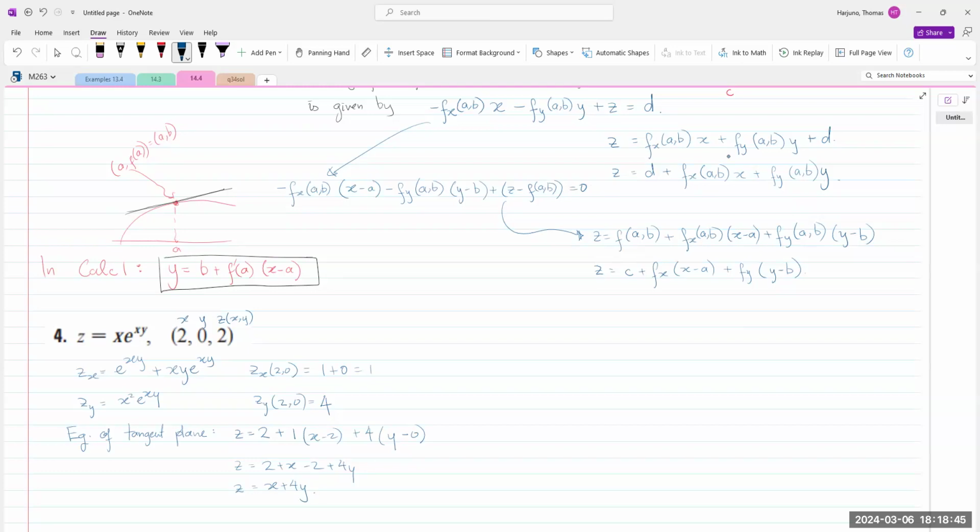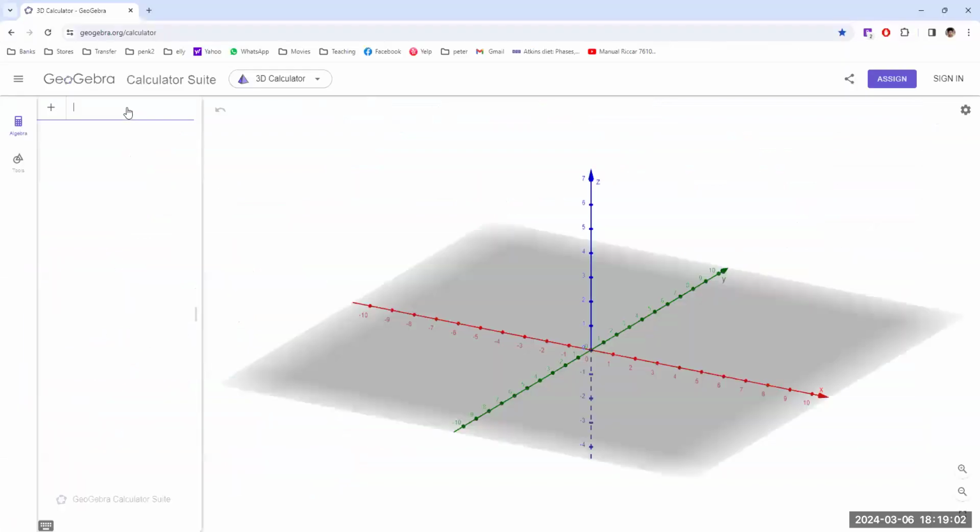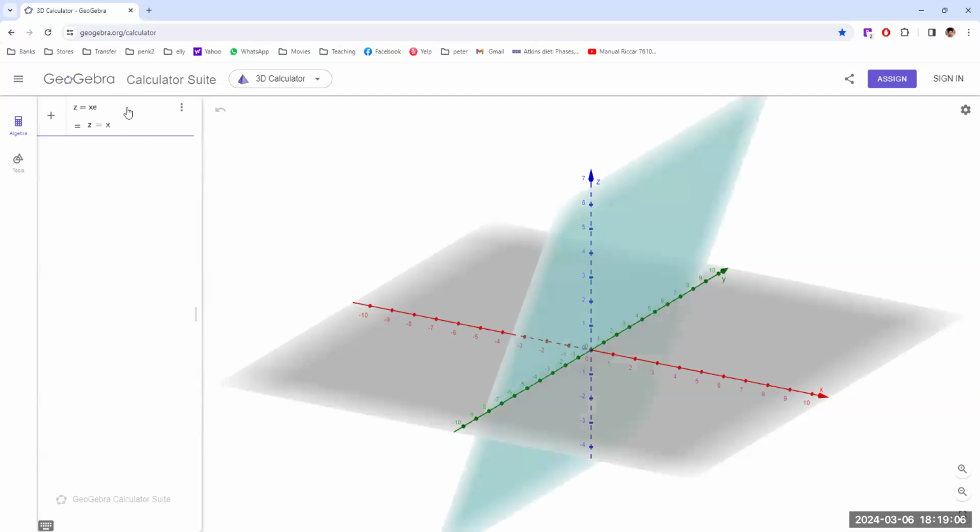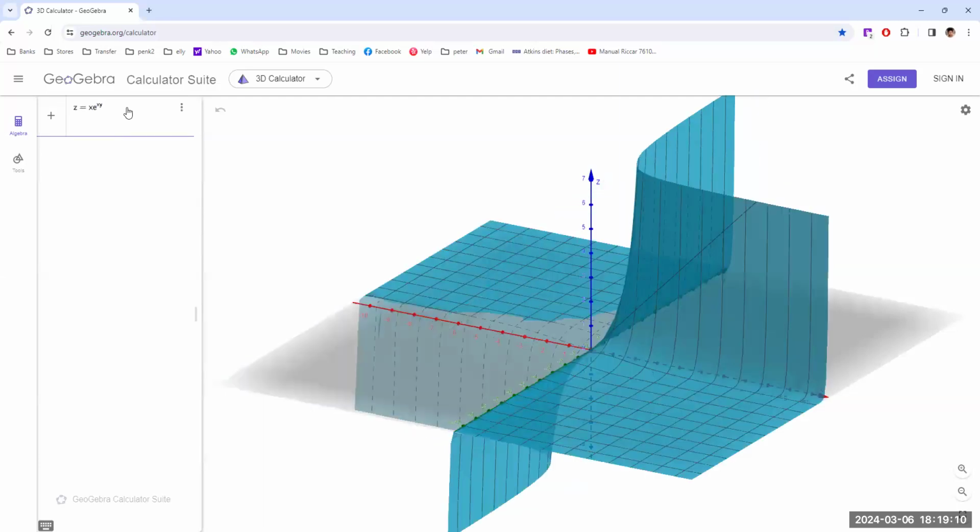Okay. You know what? Let's try to graph this. I don't know if our GeoGebra can actually do that magic, but let's give it a try. So we have z equals x e to the xy. That's what it looks like.